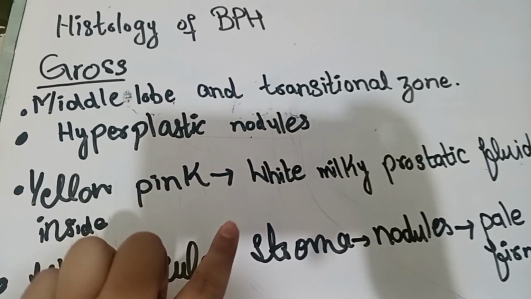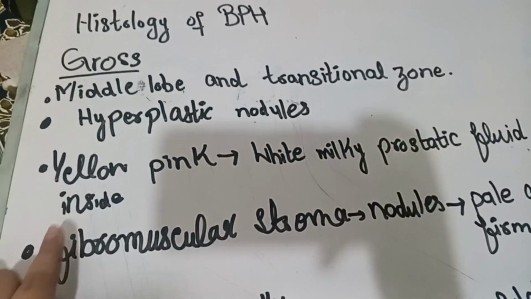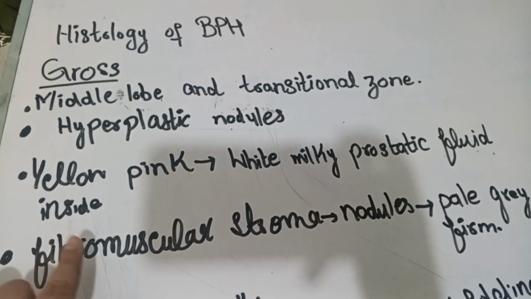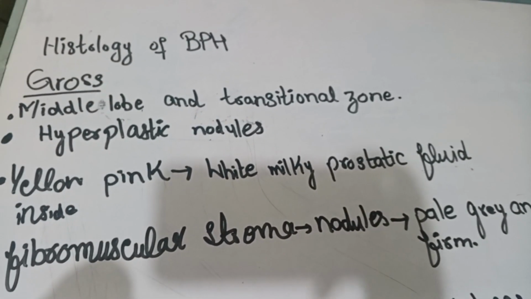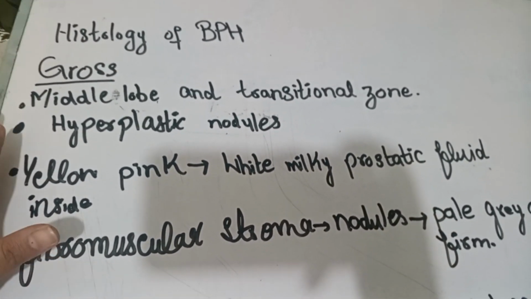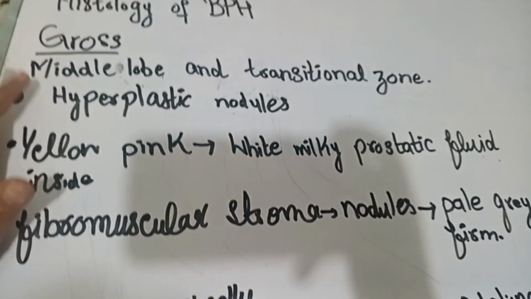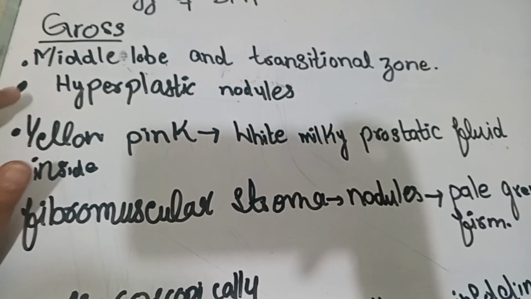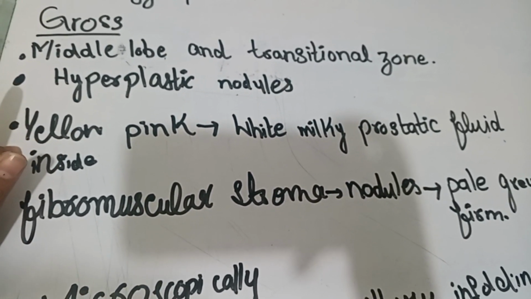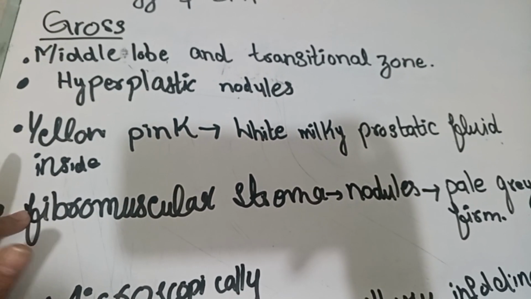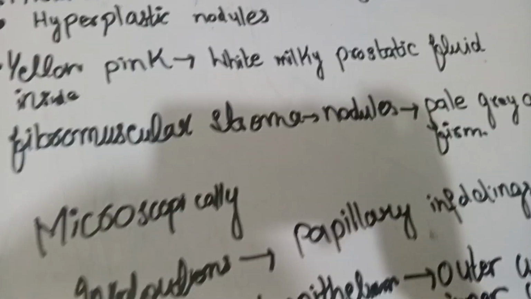If there is fluid inside the nodules, they look yellow-pink, and if there is fibromuscular stroma, with no fluid inside, the nodules are firm and look pale gray.